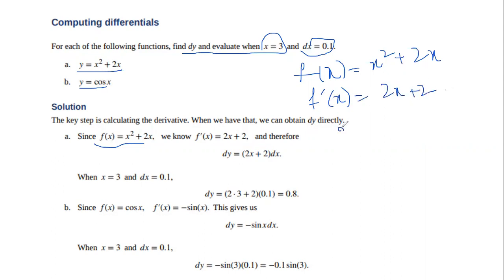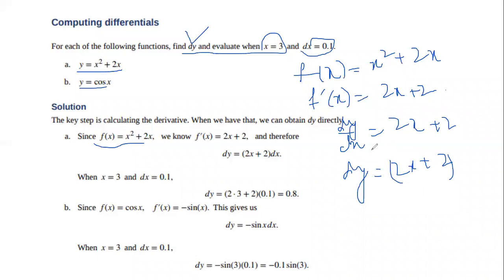This derivative means dy upon dx equals 2x plus 2. So I have to find dy. So dy will be (2x plus 2) times dx.